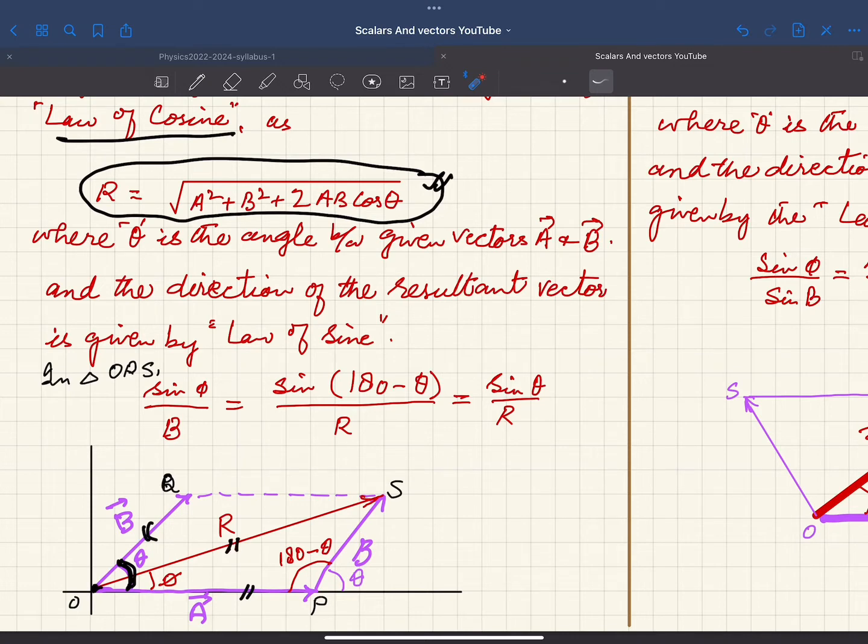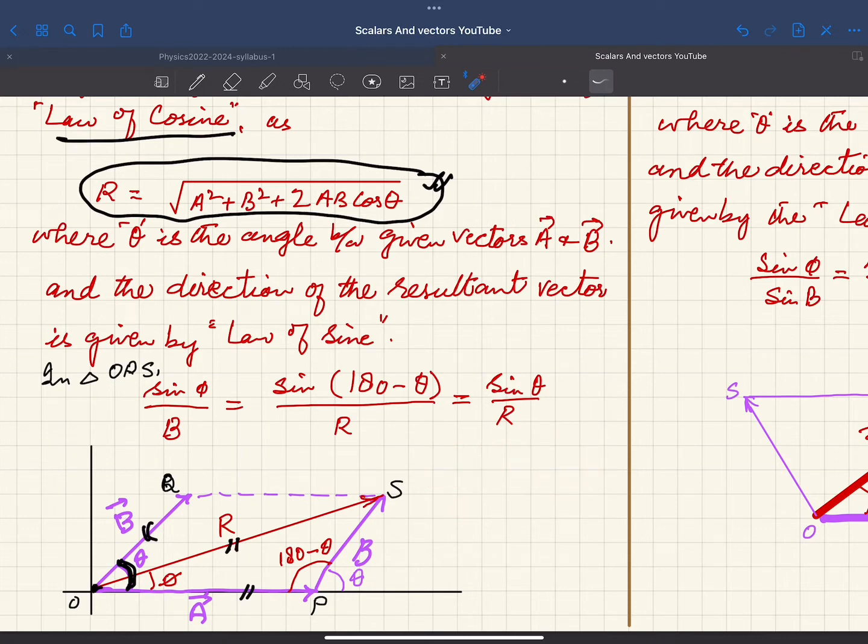If you are considering this angle, it will be 180 degrees minus theta, and simply sine of 180 degrees minus theta is equal to sine theta. Remember this point. So if you are considering this angle, then simply you can write that sine phi divided by b is equal to sine theta divided by r.